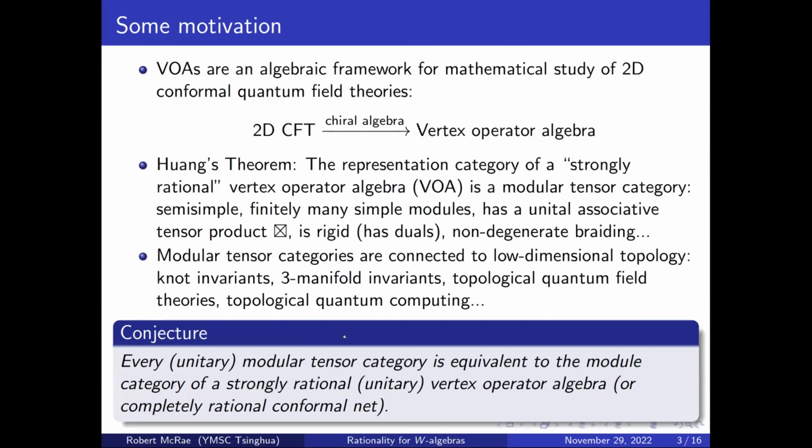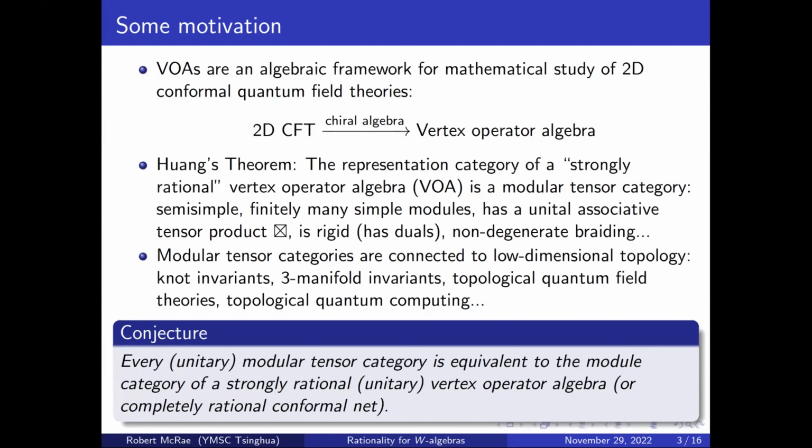And if you want to consider unitary categories, there's also this other approach to CFT using von Neumann algebras and these so-called conformal nets, which I will just briefly mention here.